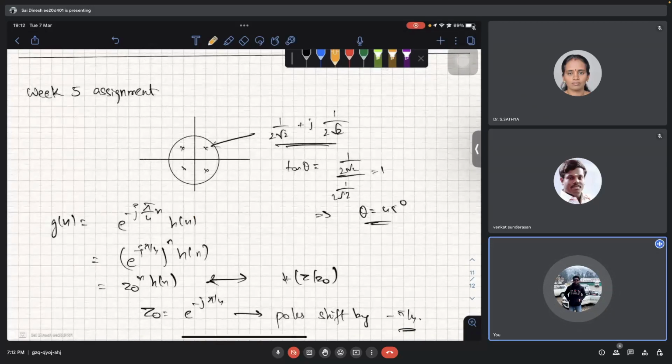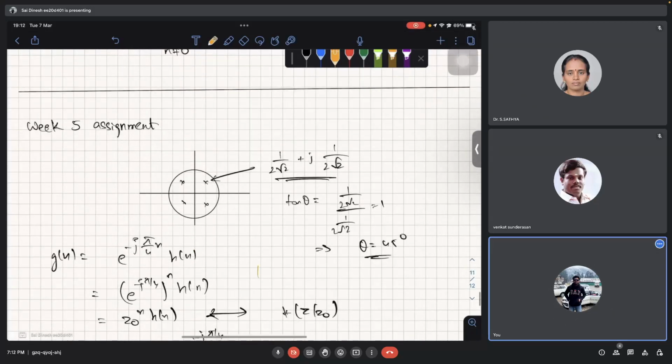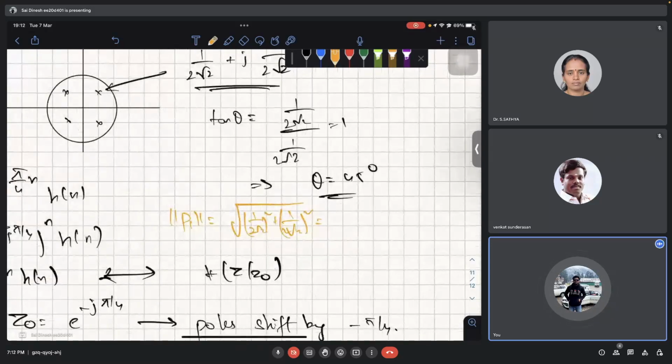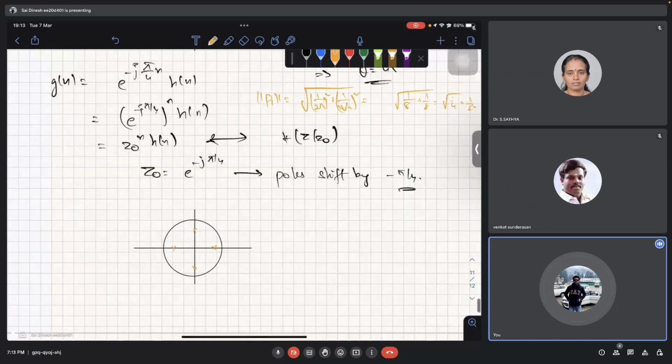And then the magnitude of this pole will be root of 1 by 2 root 2 square plus 1 by 2 root 2 square, which is equal to root of 1 by 8 plus 1 by 8, equal to root 1 by 4, equal to 1 by 2, right? So now the values will be 1 by 2, and this will be 1 by 2j. Clear?